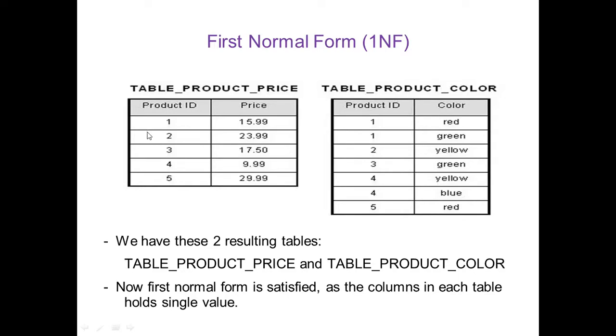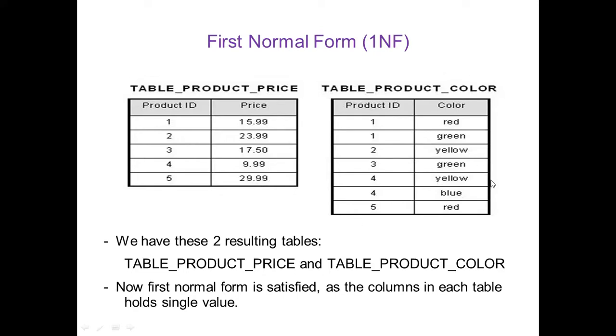Now see, in this I had divided that one table product into two tables, that is table product price and table product color. The first is having only product ID and price. And this table cannot have the redundancy also, and it contains only atomic values.